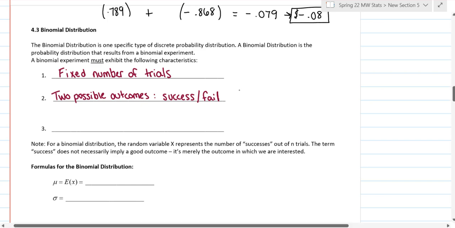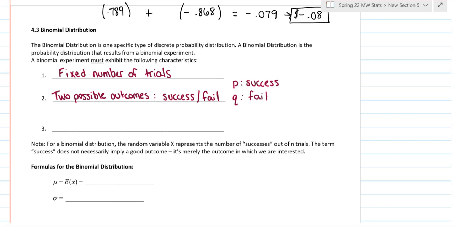Okay, we're going to denote success as p and failure as q. And then just look down at this note here, because success doesn't necessarily mean success, and failure doesn't mean like you're losing. It just means the probability that something is happening.